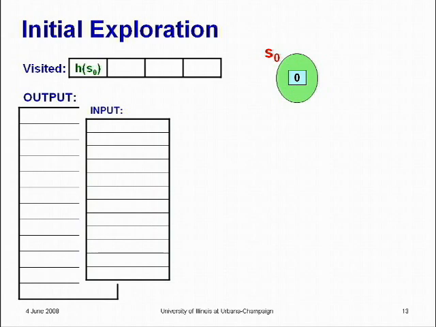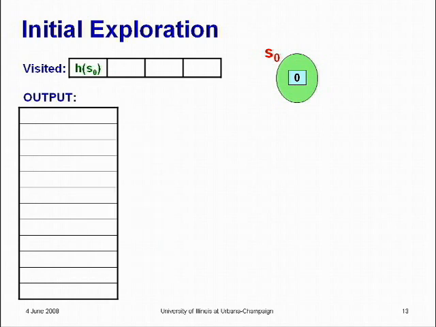In our example, since we are starting this initial exploration, we don't have anything in the input. So effectively, input is empty, and we can ignore it now. We are going to perform the exploration as before, as in the traditional case, but besides just keeping track of the visited states, we are also going to remember the entire explored state space.